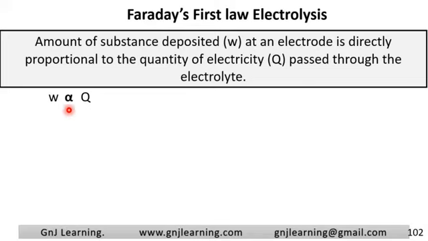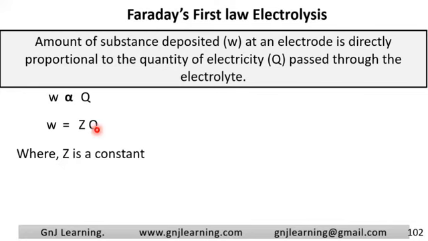So when you change this proportionality into an equal sign, then automatically you have to add a proportionality constant. So W is equal to Z into Q, where Z is a proportionality constant. Z is a constant for an electrolyte. For a particular type of electrolyte or a particular type of species in the electrolytic solution, Z is a constant.